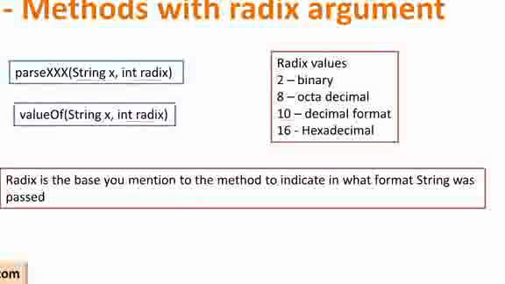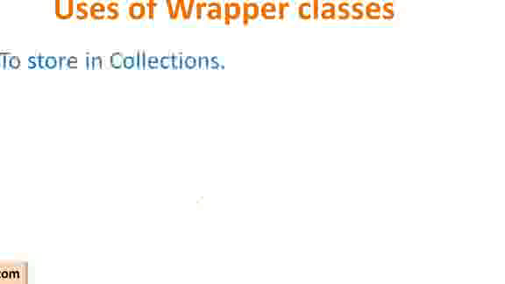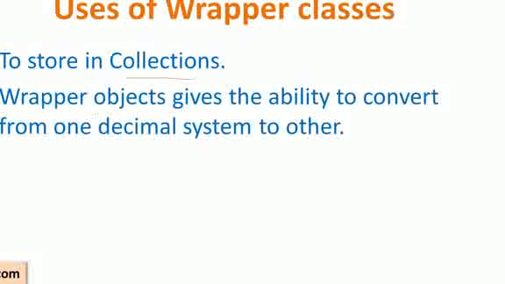So just to summarize the uses of wrapper classes, 90% of the time the wrapper classes are used to create objects from the primitive data types to be stored inside the collections. Wrapper objects give the ability to convert from one number system to another.